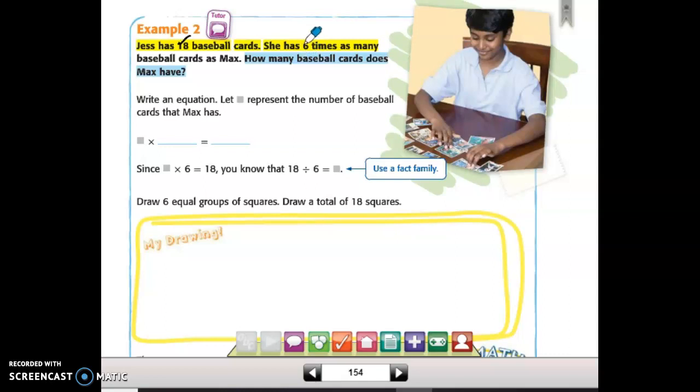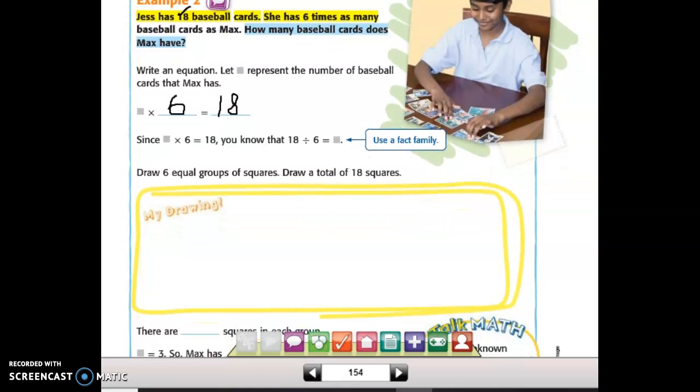And we know she has 6 times as many. And the other number we have is 18. That is the total that she has. So we need to figure out what times 6 equals 18. You can either solve it like I just said, or you can do 18 divided by 6. Either way, you'll end up with the same answer.